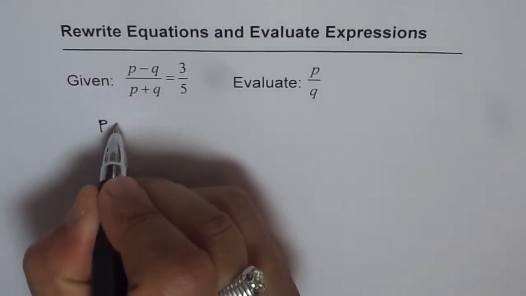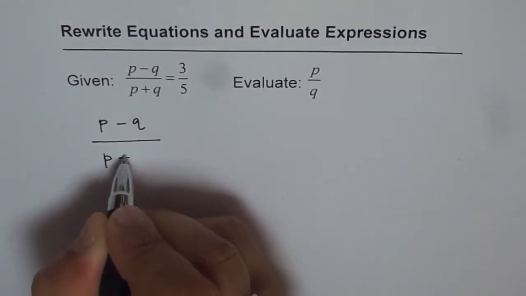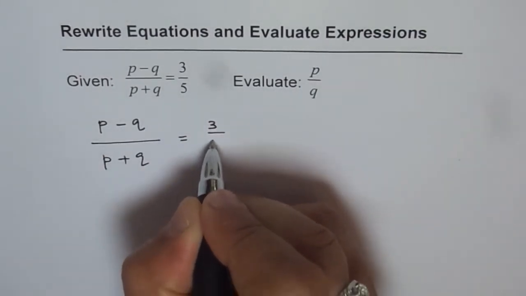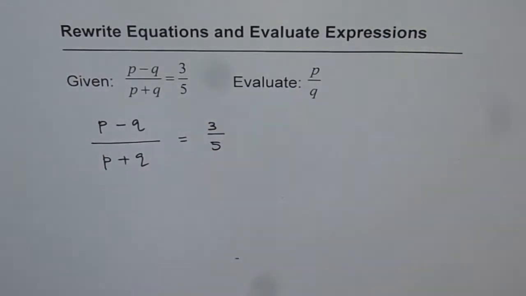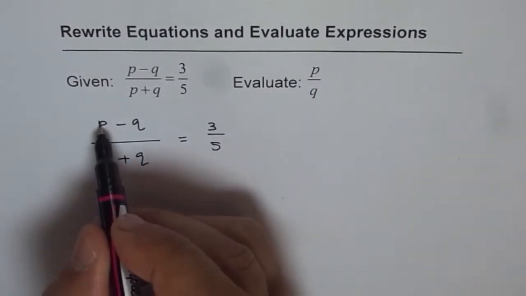So we have (p minus q) divided by (p plus q) equals 3 over 5. Now think like this. We need to evaluate p divided by q. That means p divided by q.